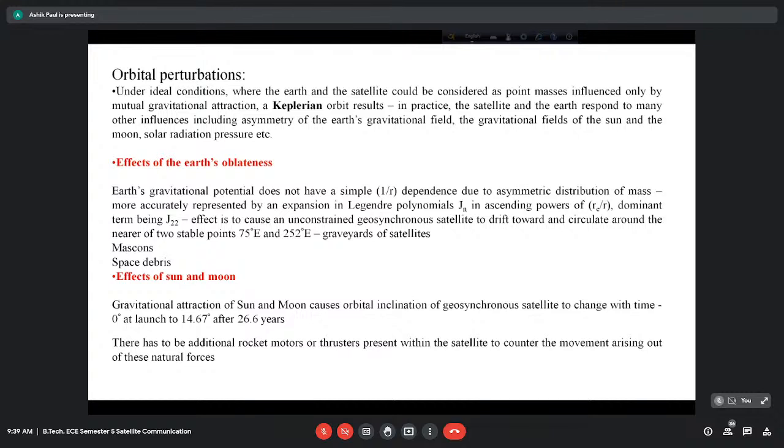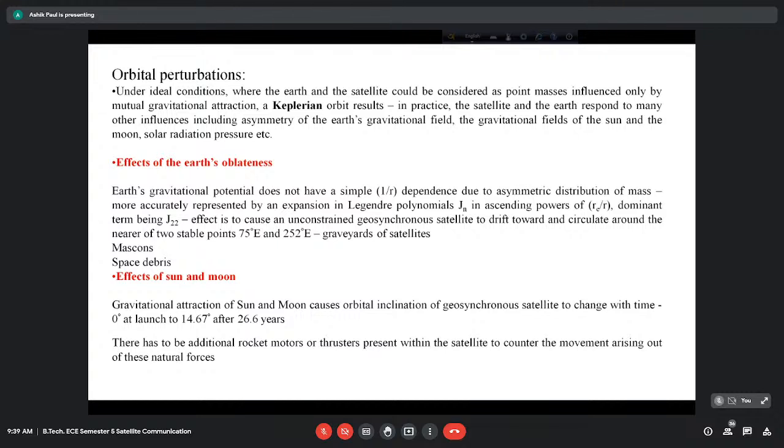During the initial years, of course, the number of satellites was less, but starting from the 1980s onwards, a lot of satellites have been launched by different countries. So definitely over the last 40 years or so, the amount of space debris has also gone up in a big way.